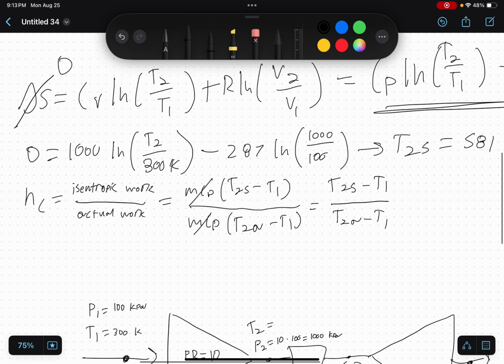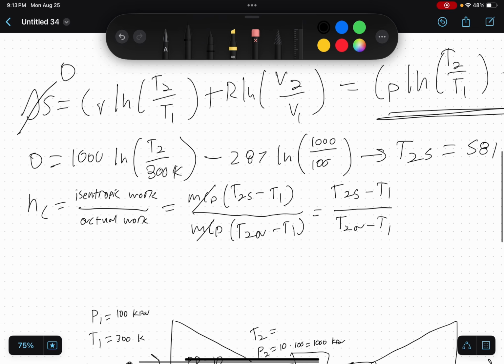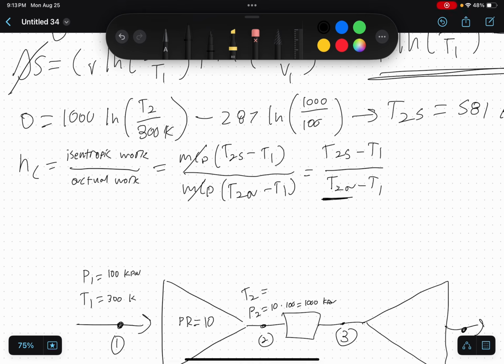So at a bare minimum, if our compressor is operating at less than 100% efficiency, that means the actual compressor discharge temperature, or T2, is higher than T2S.